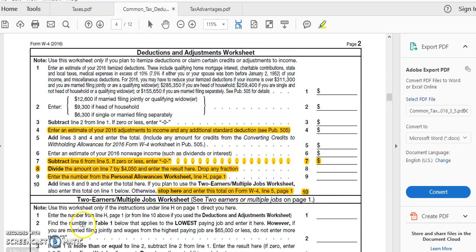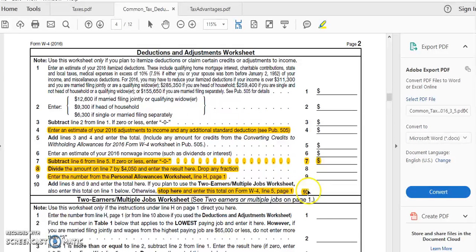All right. So that means that I get to add 5 additional deductions to the number I had on the first page of my allowances. So on line 8, I'm going to put 5. On line 9, it says enter the number from the personal allowance worksheet, line H from page 1. So that's going to be 5 plus 6 from the first page.